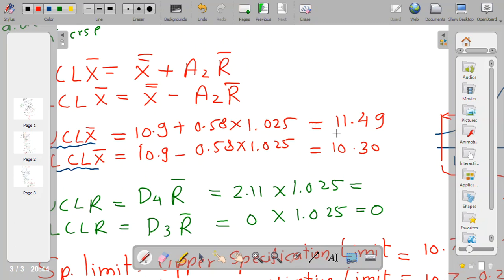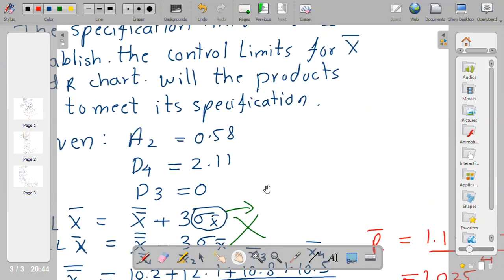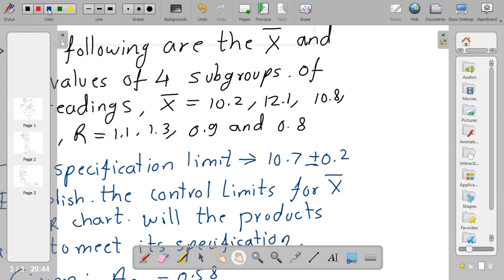First is 10.2, second is 12.1. Since this 12.1 is greater than the limit, it is falling outside the upper control limit.